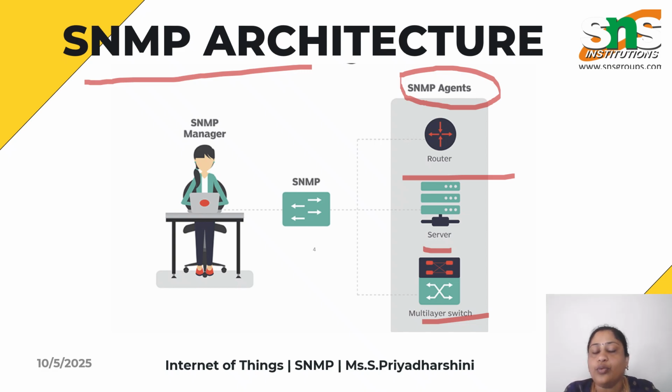And the next one is your SNMP manager. The manager is responsible for the requests and responses between the agents and the devices. So this is how your SNMP architecture works.